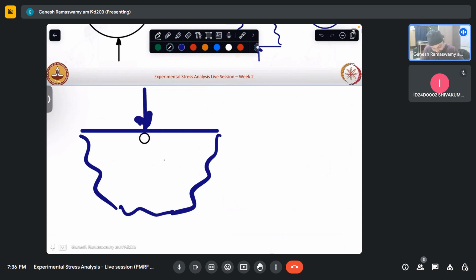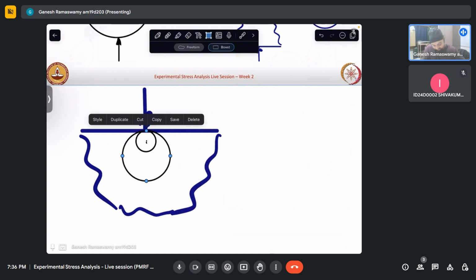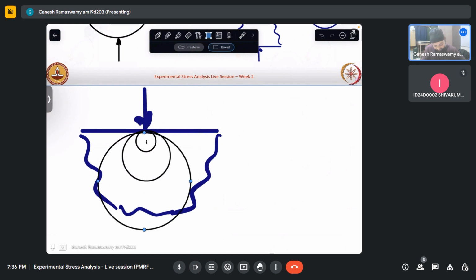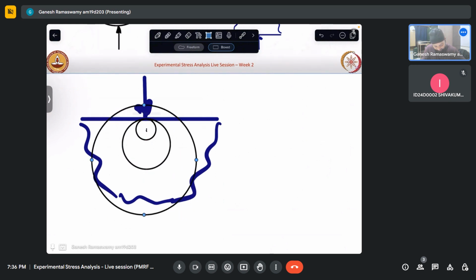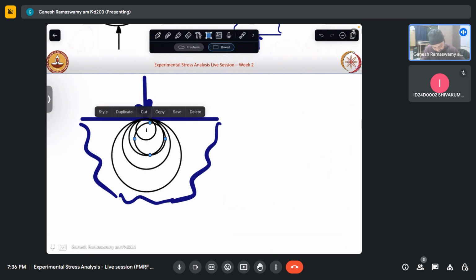They will essentially be circular, and their shape you can derive based on theory of elasticity equations. So it will be like that. There will be many more. I'm just drawing some representative ones.